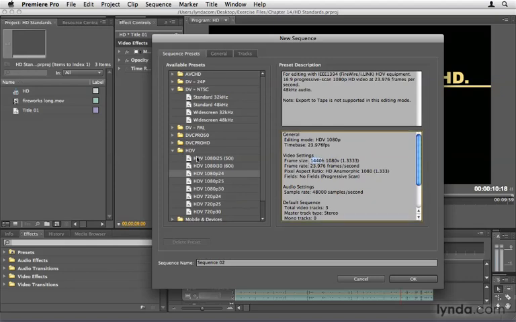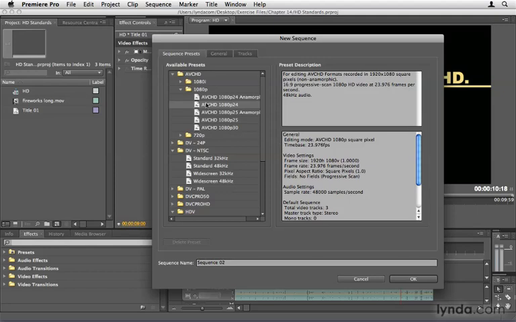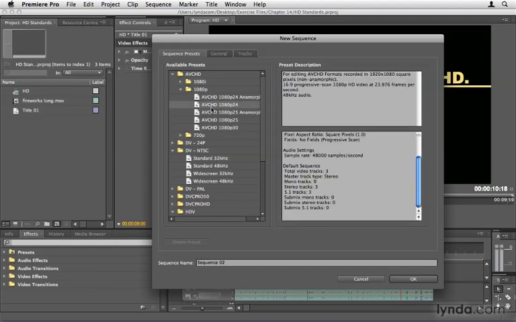That's not what we're looking for. And so we need to actually move up to an HD standard here. 1080p, for example, in AVCHD is 1920 by 1080 with square pixels. So this is true HD. It should also be noted that 1080i is also considered HD, but for the ultimate HD experience, it's really 1080p. That's 1920 by 1080 pixels with progressive frames.